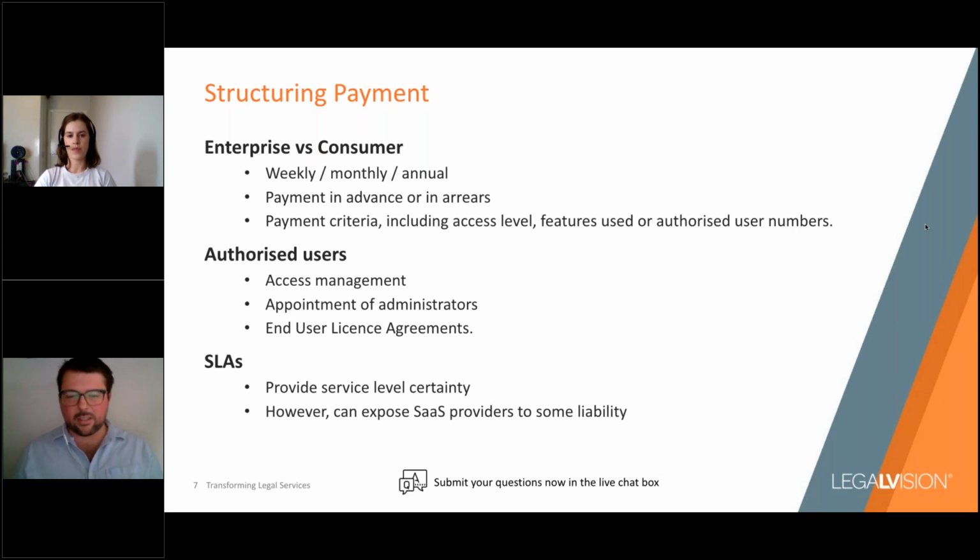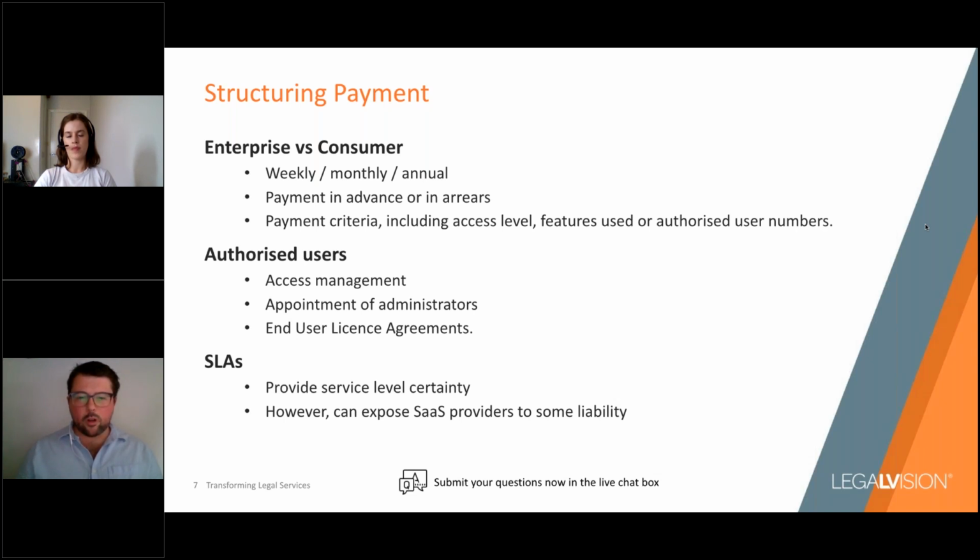And that's obviously something that LegalVision assists its clients with to make sure they're fully protected from a risk and liability perspective. Another way you can mitigate some of that risk is, we've talked about the importance of cash flow, particularly for new businesses. You don't want to be necessarily refunding clients and giving back that cash flow out of the business.